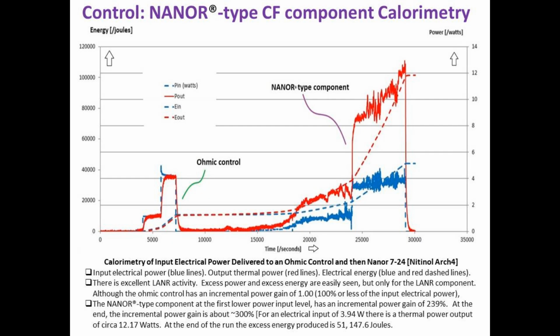Here is another run that shows positive power gain for the LANR type component on the right hand side. This is in comparison to the control, which should be in every graph, and here we see the ohmic control at the left where the output power is identical to the input power.